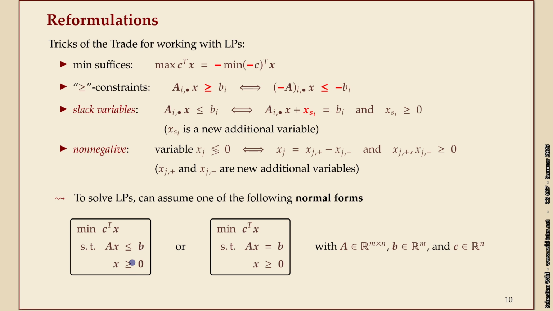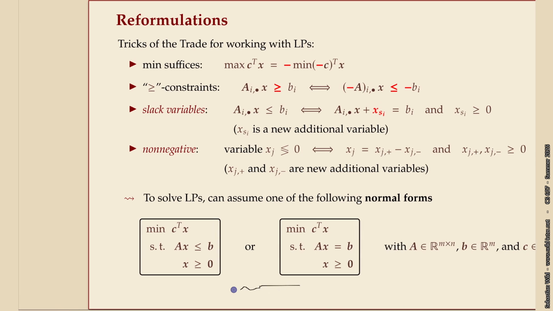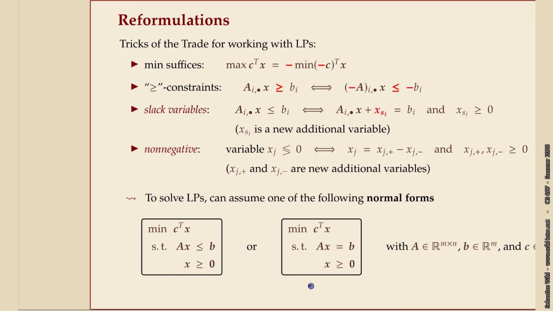Which one is more convenient depends on the way you look at it. Either you have only less or equal constraints with only non-negative variables, or you have equality constraints with only non-negative variables. In both cases, we'll write A as this matrix m times n, and b is as big as we have constraints, c is as big as the number of variables n for the cost function. But in these two regimes, if you think about this case, with equalities, you probably want fewer constraints than variables.